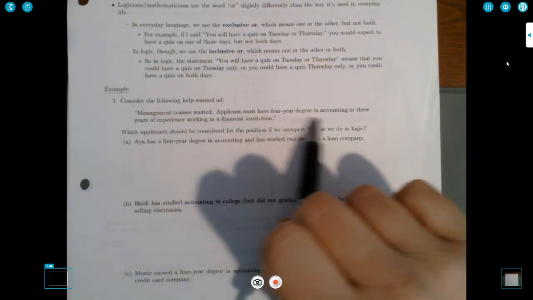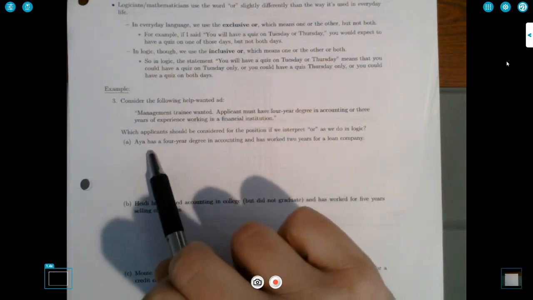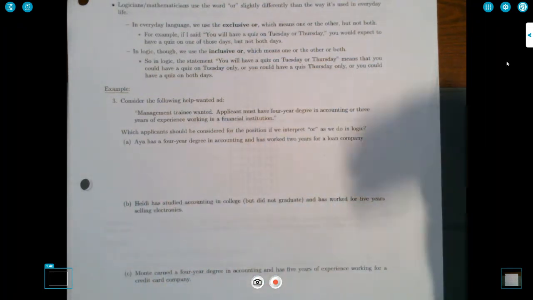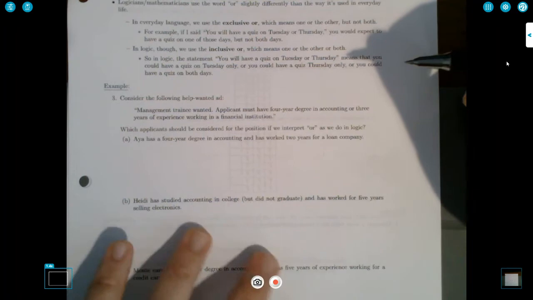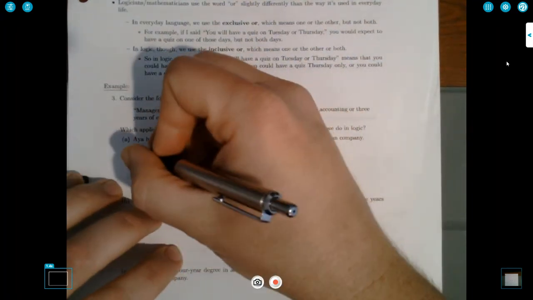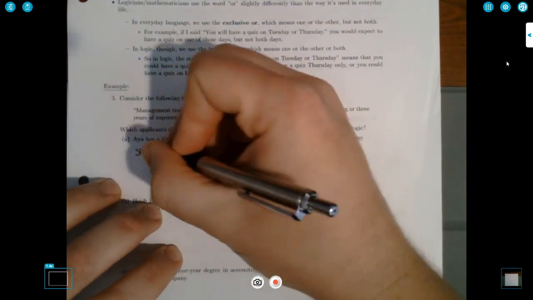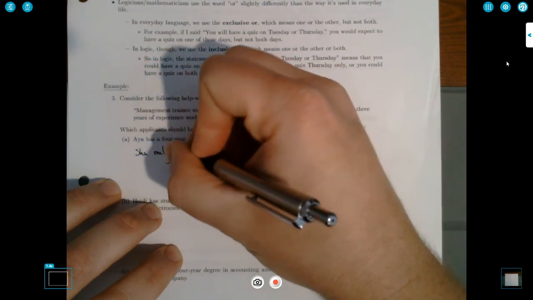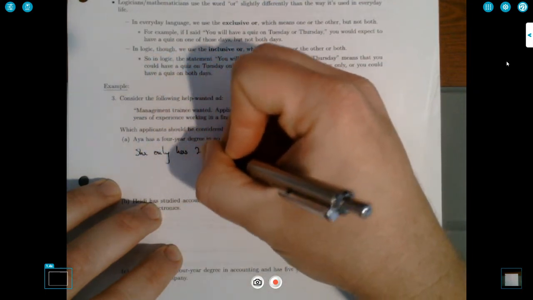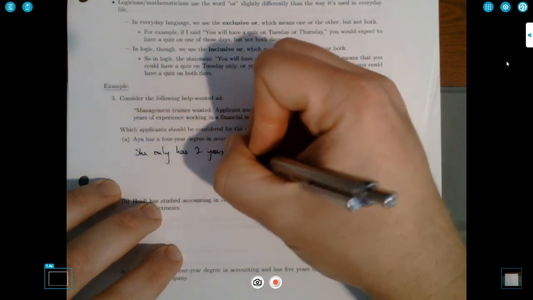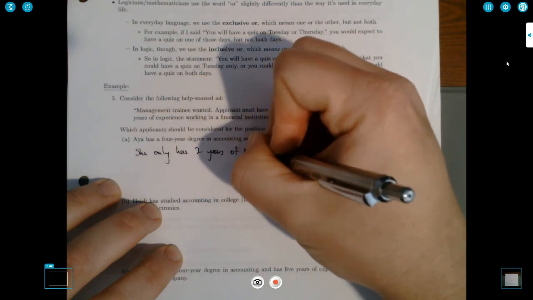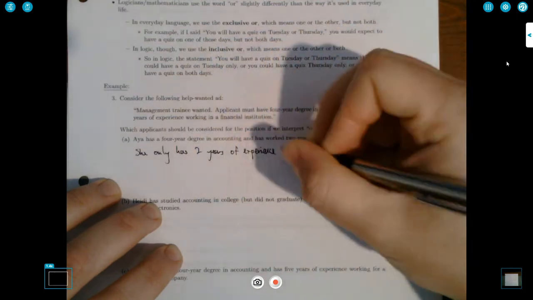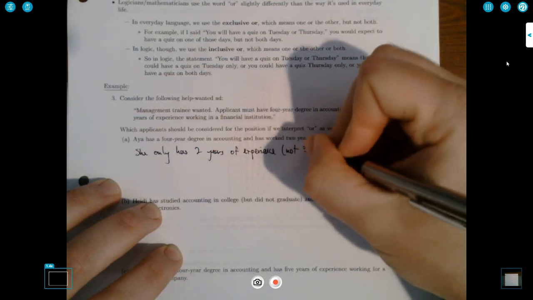She has a 4-year degree in accounting. So because she has a 4-year degree in accounting, she should be considered for the position, right? She only has 2 years of experience, not 3.